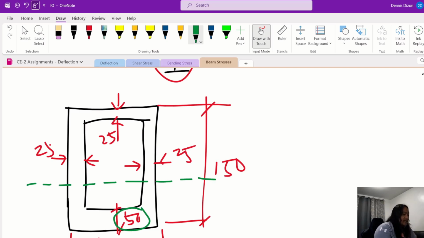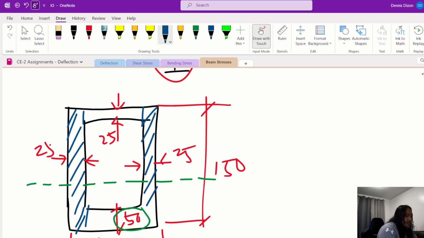Now, what we will do is divide this area into four separate sections. So we will divide it here. This one would be our area 1, which is the same as this one here. And then this is our area 2.